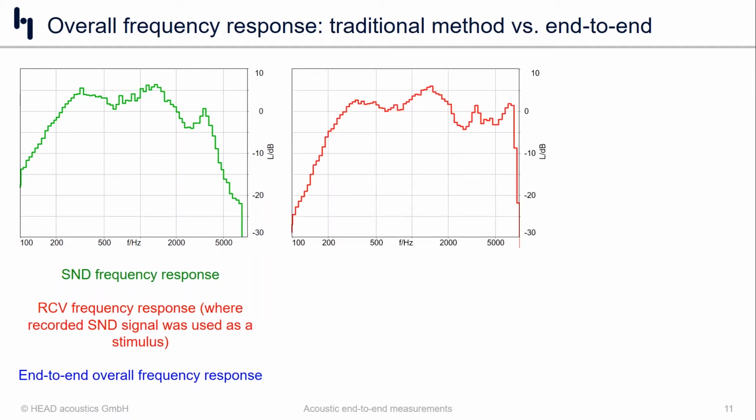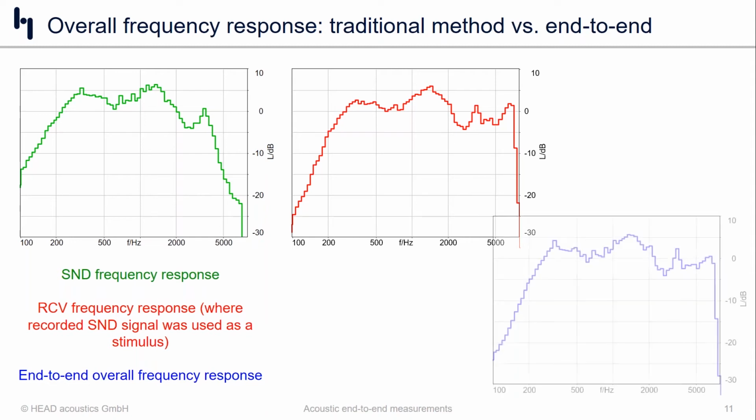Now, if we take that send frequency response or that send signal and we use that as the stimulus in our receive direction, what we end up with is the plot in the middle there shown in red. And if we did the acoustic end-to-end using 2 of the same devices, what we end up with is something that looks like that.